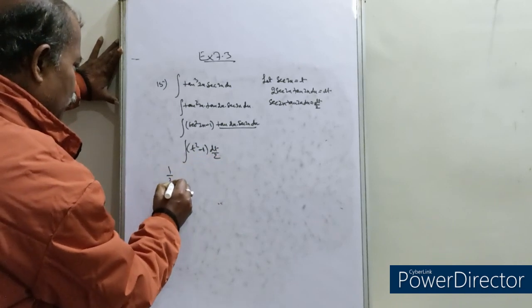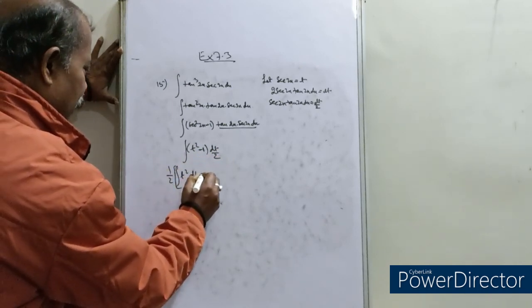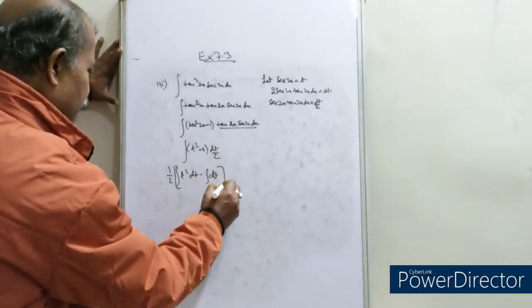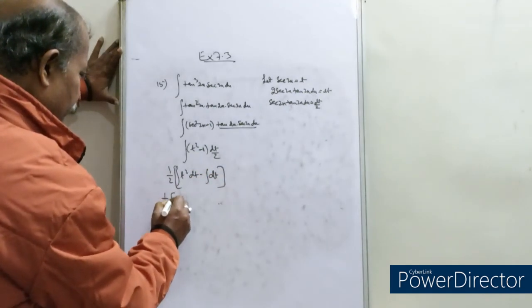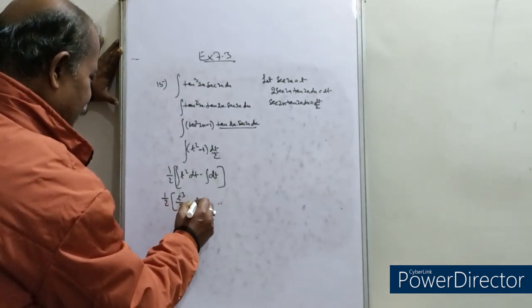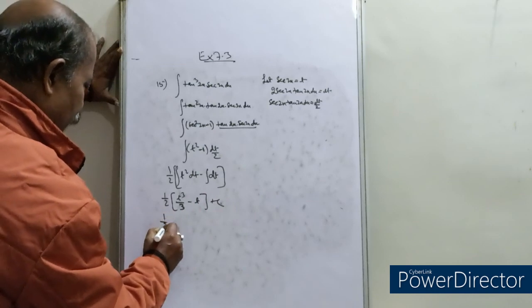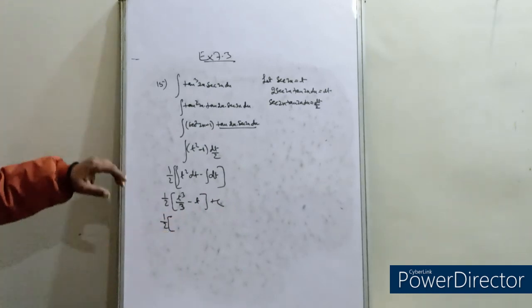So 1 by 2 common, t square dt minus dt. So this is equal to 1 by 2, this is t cube by 3 minus t plus c. So this is equal to 1 by 2. What is the value of t? Value of sec 2x.